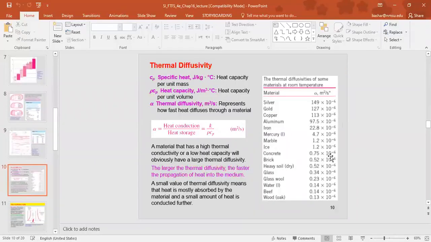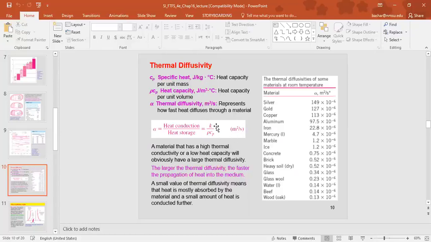Now, thermal diffusivity, which is another thermophysical property, is defined as the ratio between the heat conduction and the heat storage. They are not similar quantities, and that's why it's a dimensional parameter and so it has units.